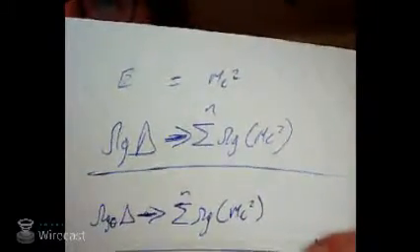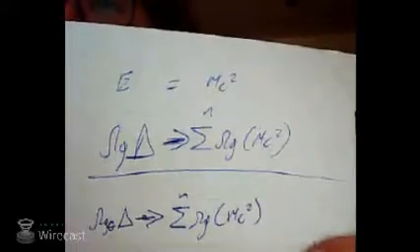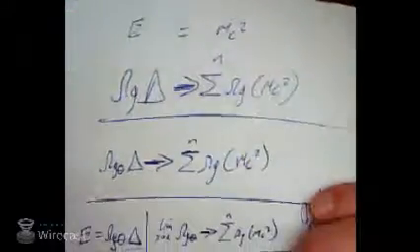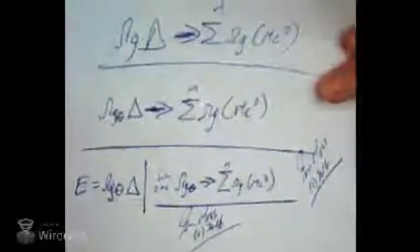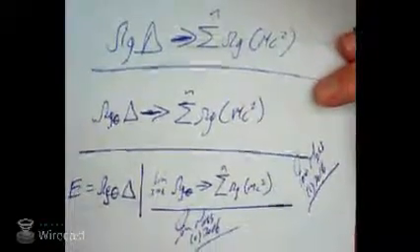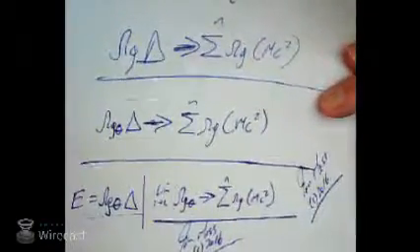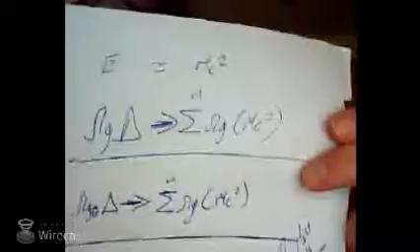Say E equals mc squared is not actually quite correct. You get the subtlety of that? It's not actually a good enough definition.